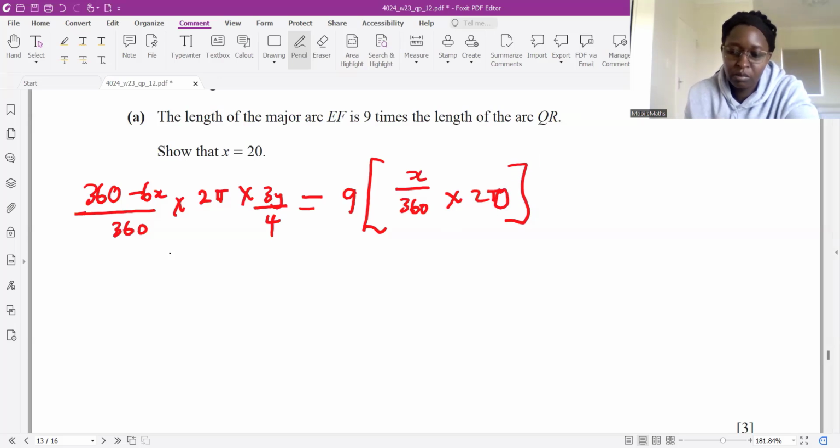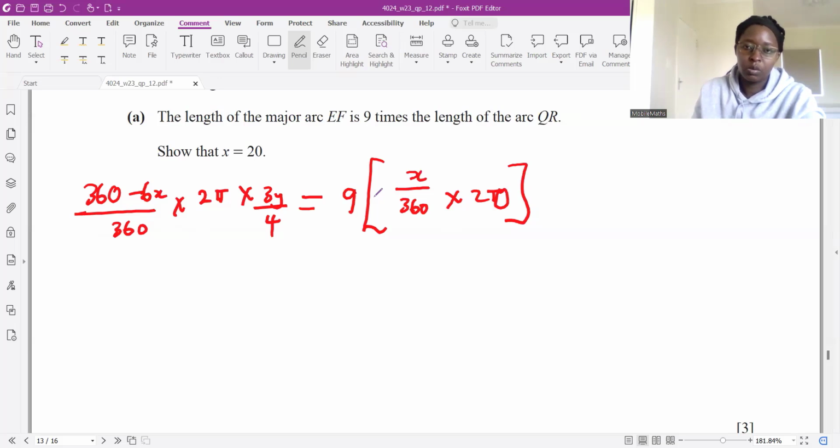So we are now basically simplifying this whole expression to find our value of x. Okay, so let's simplify.